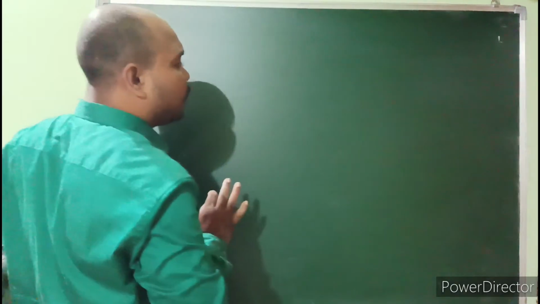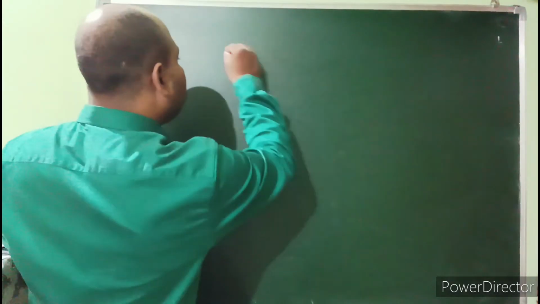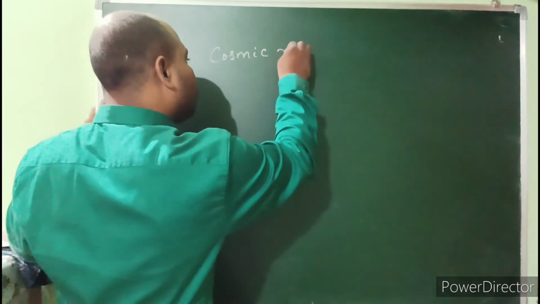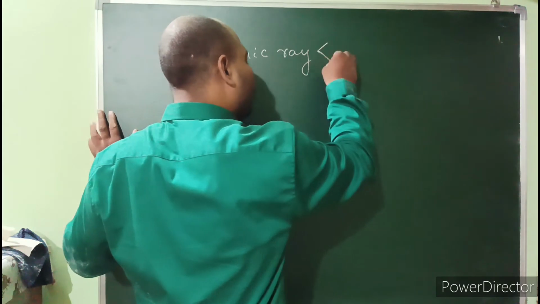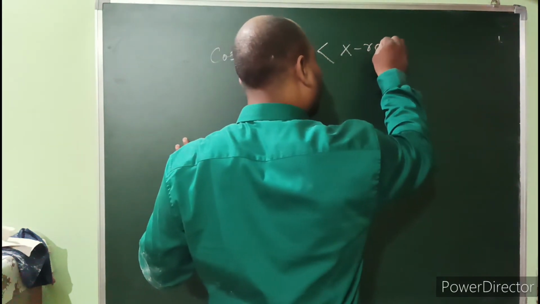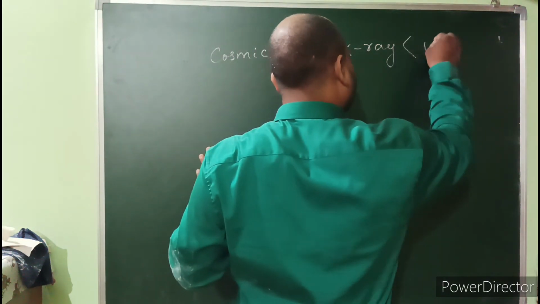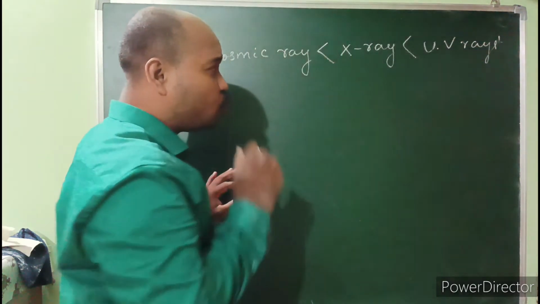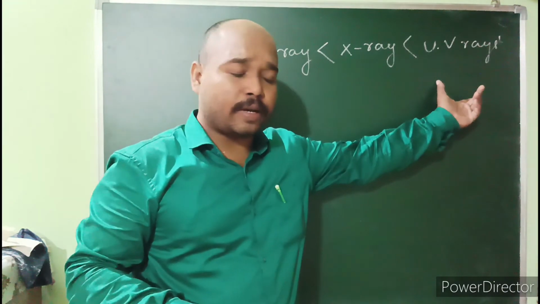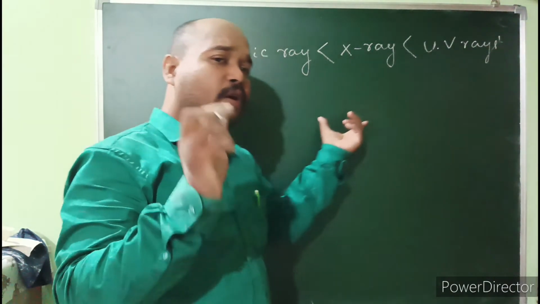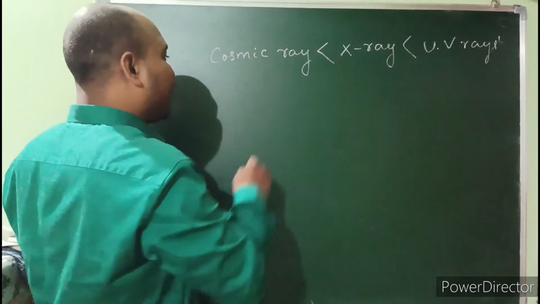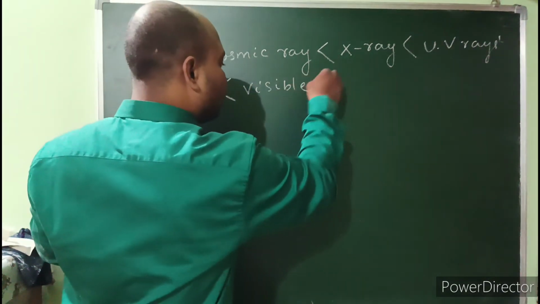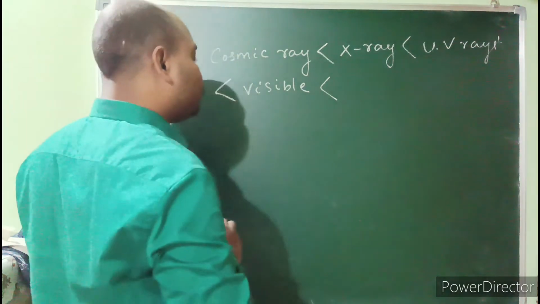So on the basis of that, he said different bands, in increasing order of wavelength: first we will see cosmic ray, then X-ray, then UV rays. The wavelength is too low to view these, we cannot observe them with our naked eyes. Then comes visible region, the colors that we are able to see.